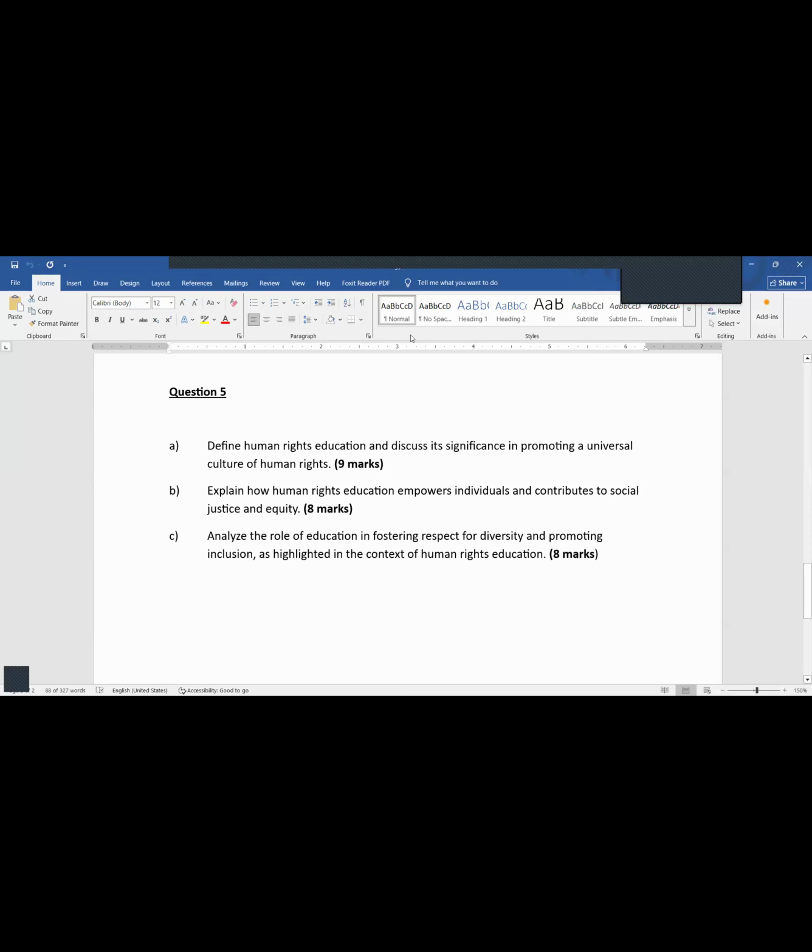Okay, next, analyze the role of the education in fostering respect for diversity and promoting inclusion as highlighted in the context of human rights education. Okay, when you refer to the note, you can find the answer actually.